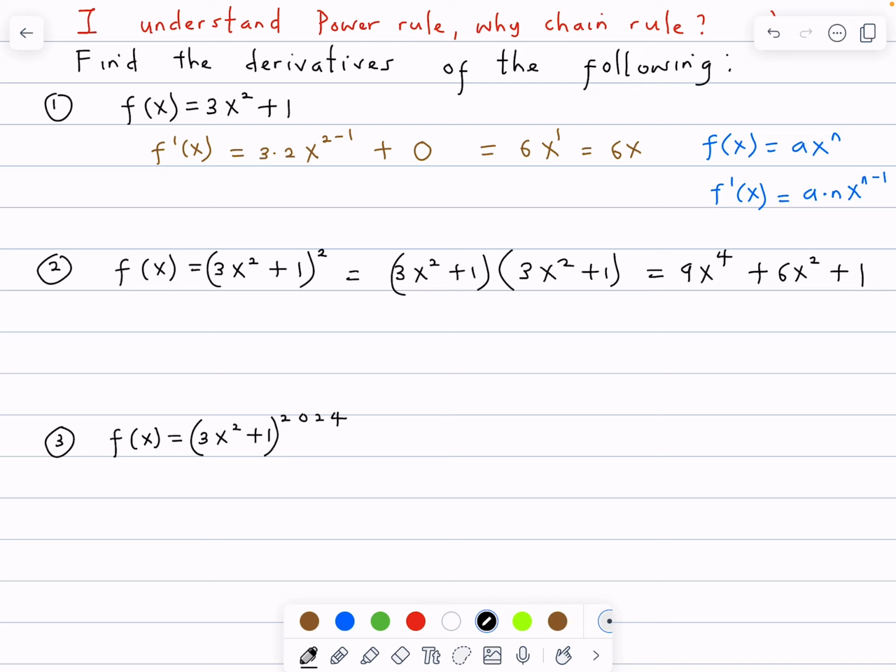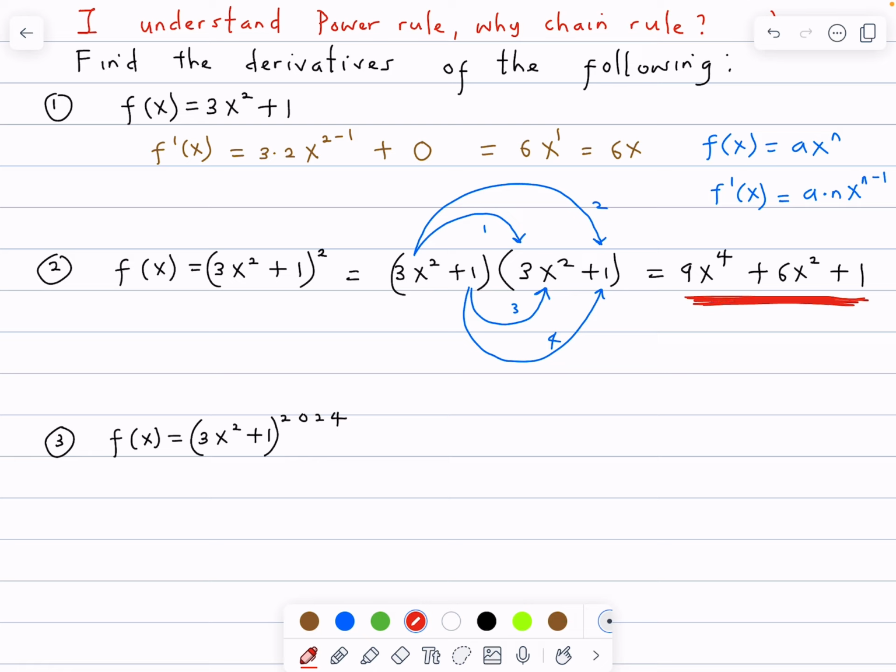You multiply this by this first, then this by this second, then this by this third, and then this by this, that's the fourth step. If you do that and simplify, you're going to get 9x to the power of 4 plus 6x squared plus 1.